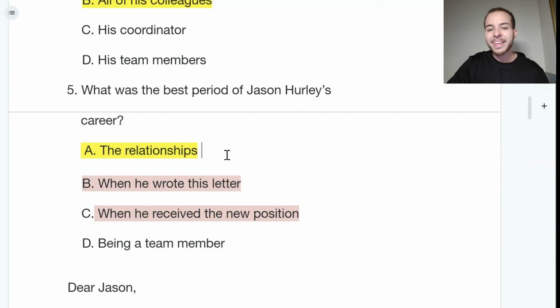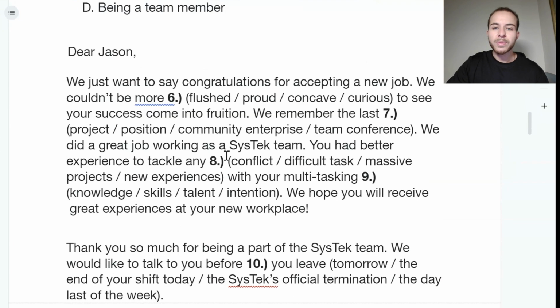Good. Now we're going to read a response to Jason from, I don't know, it doesn't say who it is from. So Jason is writing a letter, and we need to choose the correct answer based on the context of the letter and the letter above. So they do relate. We just want to say congratulations for accepting the new job.